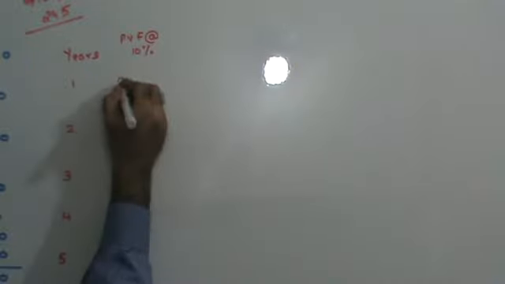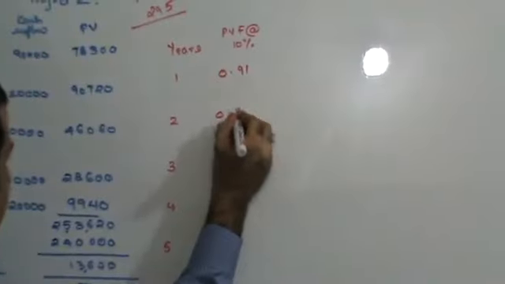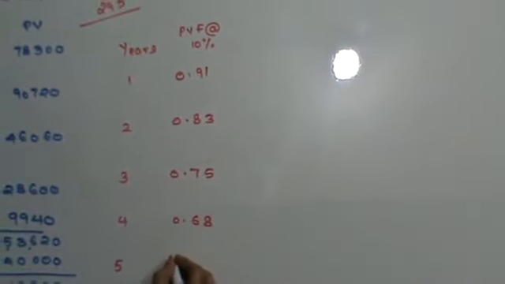I'm approximating it, guys. There's no need for you to approximate. So: 0.91, 0.83, 0.75, 0.68 and 0.62. Right? So these are your PV factors.